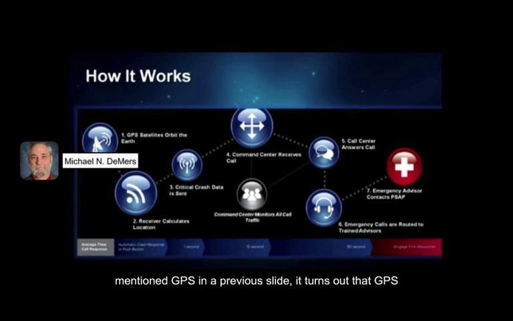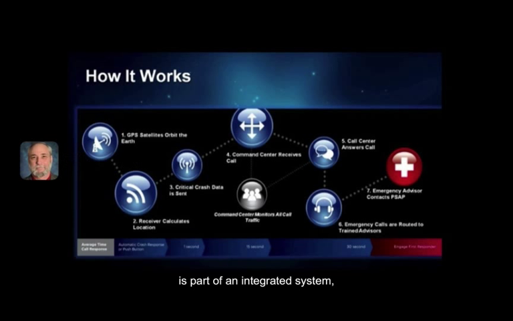Given that I mentioned GPS in a previous slide, it turns out that GPS, of course, is part of an integrated system in many cases. This slide, for example, is showing the inner workings and hidden mechanisms of a system you may have heard of called OnStar, which links telephone conversations and emergency personnel through GPS and through telecommunications.